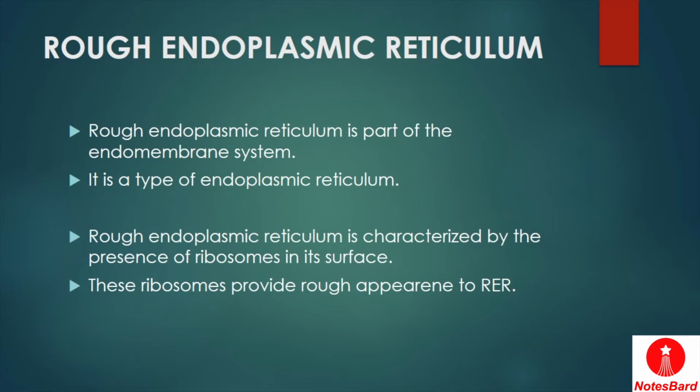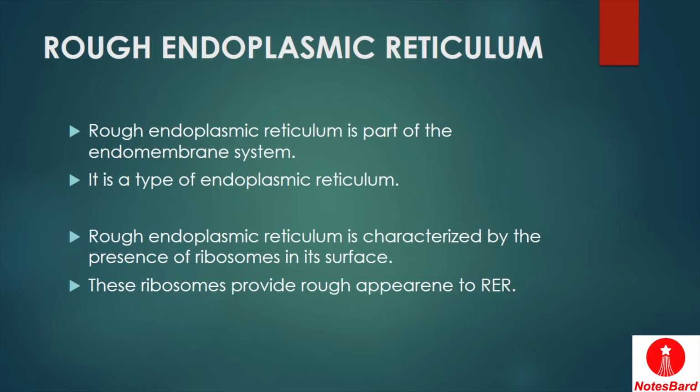Basically, those endoplasmic reticulum which have ribosomes attached on their surface are considered rough endoplasmic reticulum, and they are named so because of their morphology and appearance, which appears rough due to the presence of those ribosomes on their membrane or surface.